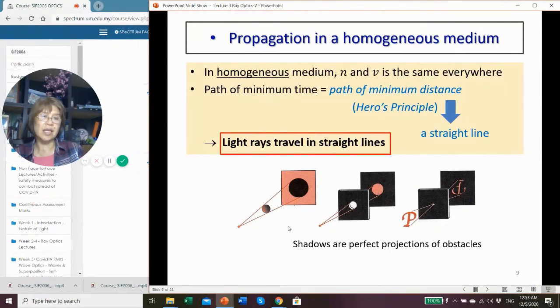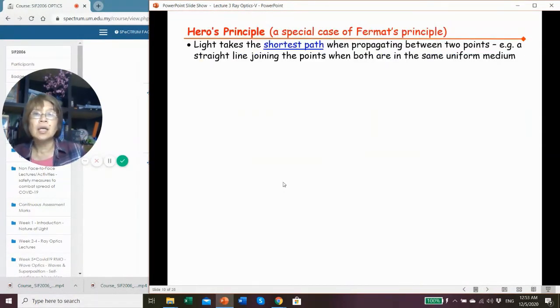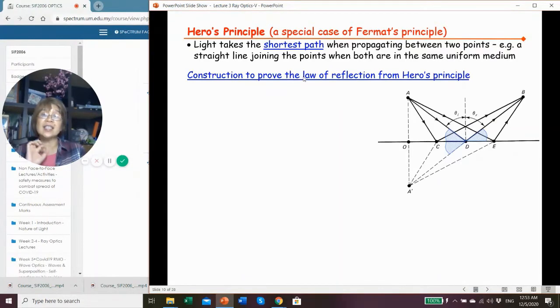So we can infer that light travels in a straight line. So Hero's principle says that light takes the shortest path when it has to propagate from one point to the other. And let's draw a diagram to prove the law of reflection from Hero's principle.